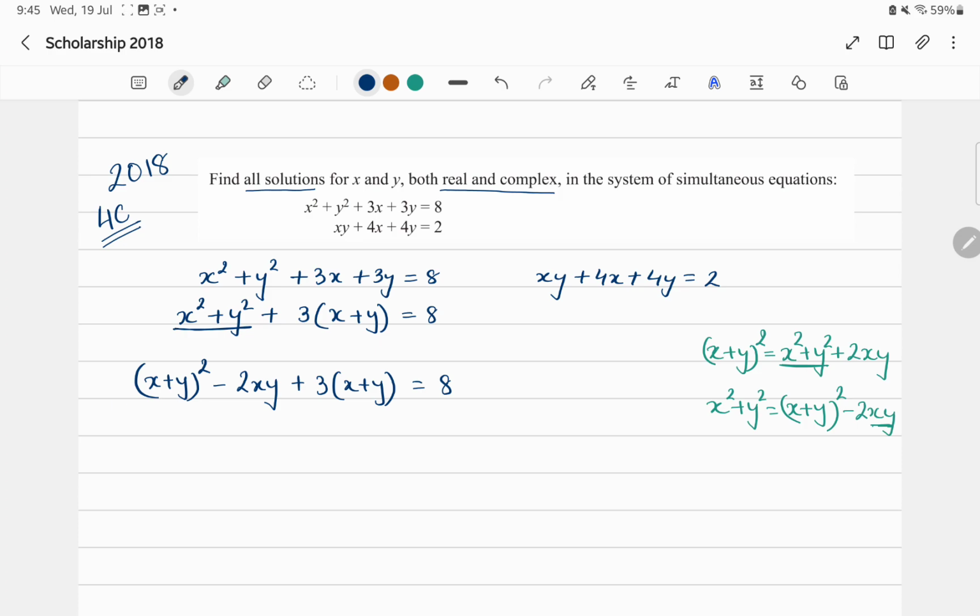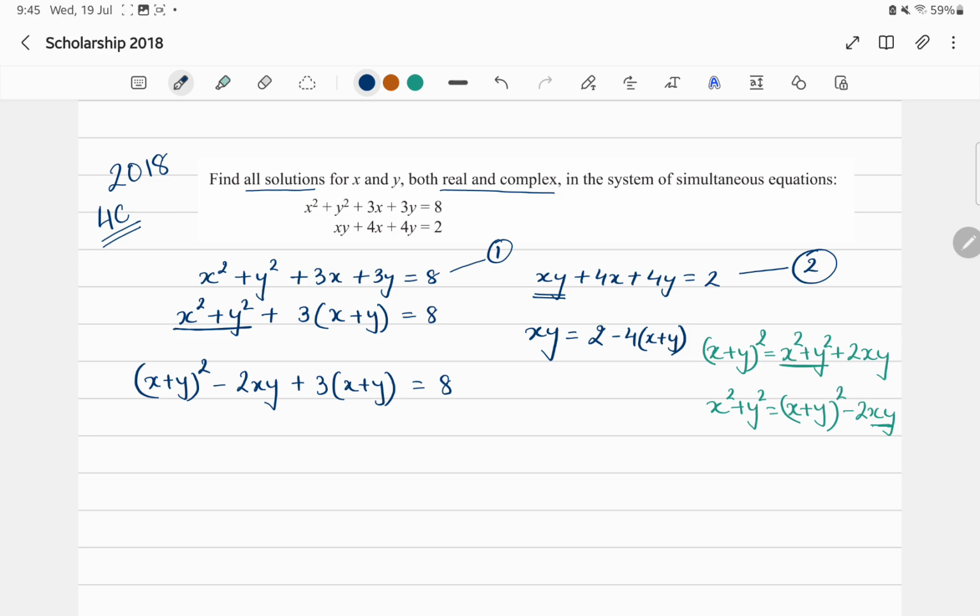Let that be equation 1, and the other equation 2. From equation 2 we can find xy equals 2 minus 4, and if we take 4 common, it's 4(x plus y).